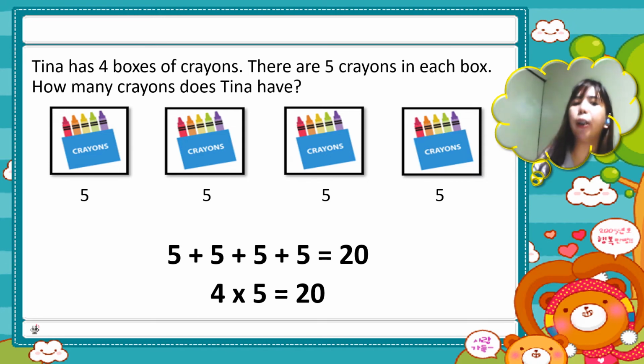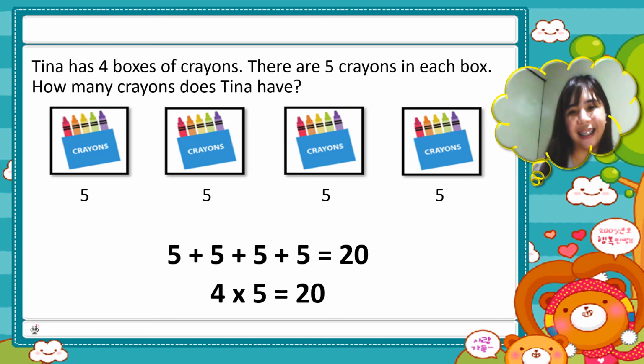Again, 4 times 5, because there are 4 boxes of crayons and each box consists of 5 crayons inside. Do you understand? So 4 times 5 is equal to 20. Meaning, 4 groups of 5. If you add 5, 5, 5, 5, you'll get 20. If you multiply 4 and 5, you still get 20.